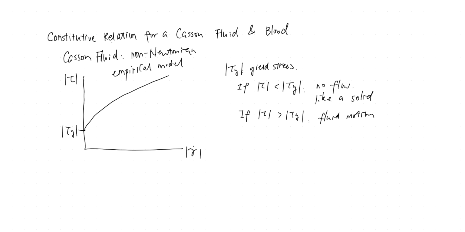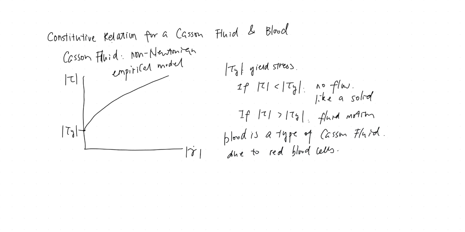So blood is a type of Casson fluid. We discussed it a little bit in the past because of the red blood cells. Due to red blood cells, those red blood cells want to aggregate.